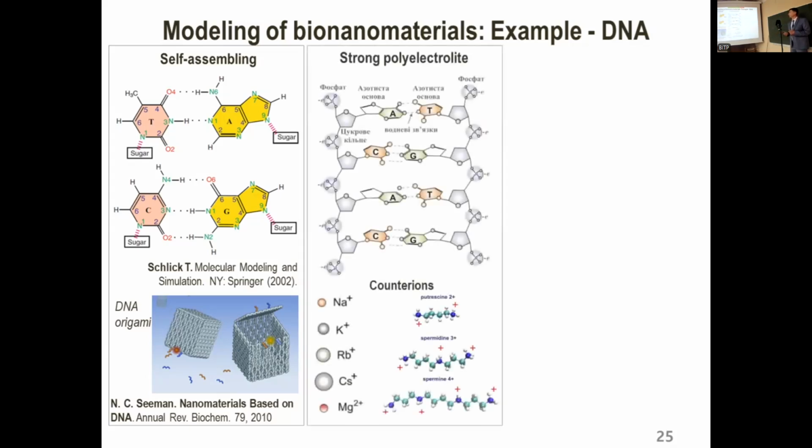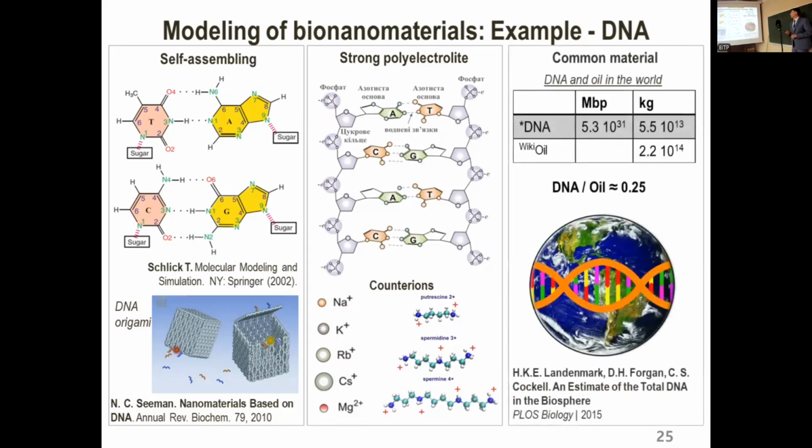concept. Another important feature of DNA is that it is highly charged. As I mentioned before, it is like an electrostatic bomb, and each phosphate is negatively charged, and the counter ions bind to DNA, and the system has very interesting features.